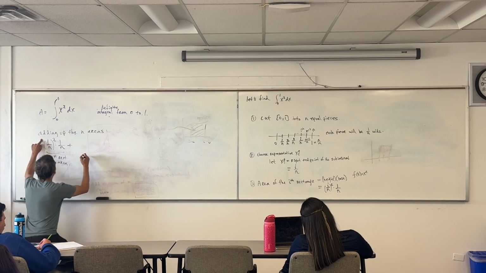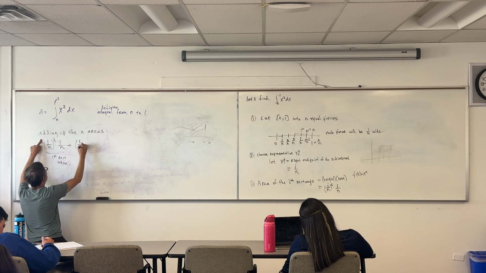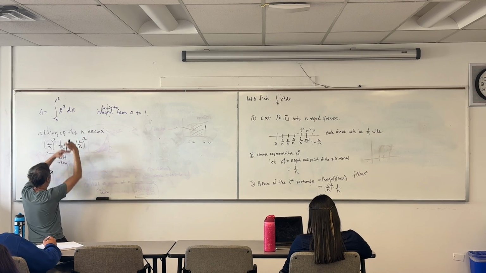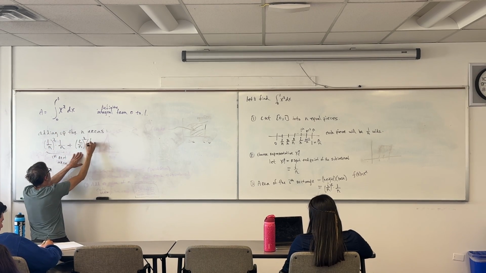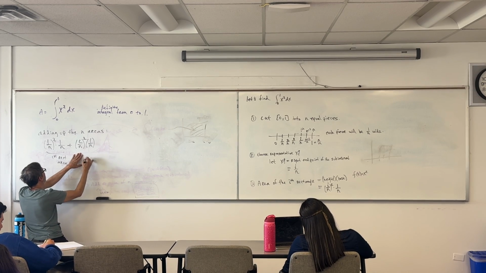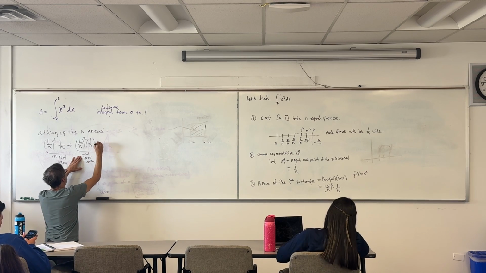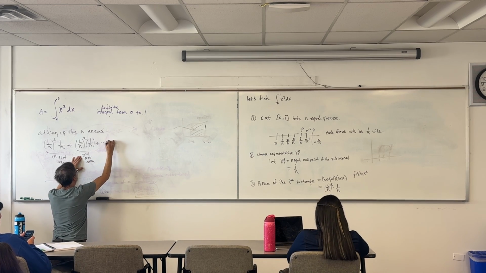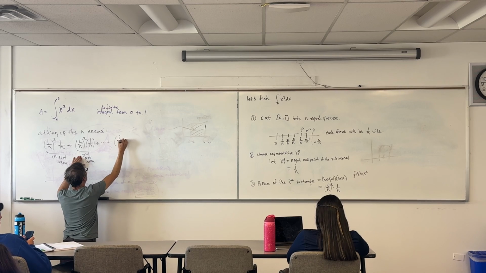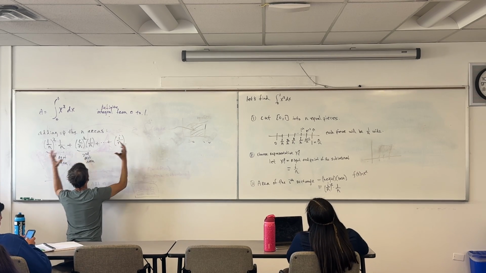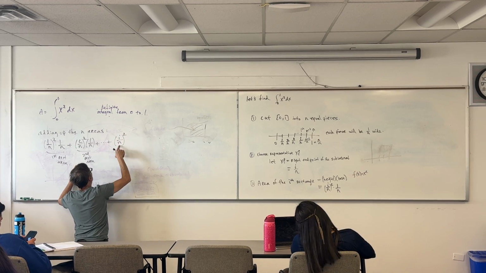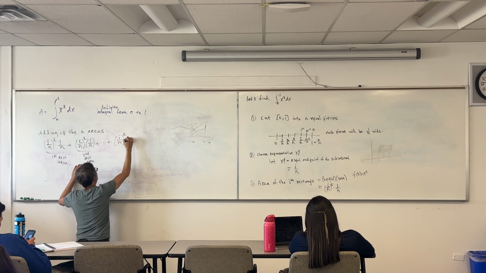Then the second one, we have 2 over n, and then we square it to take it up to the parabola, times the base. This is the second rectangle. And then I put plus, dot, dot, dot, plus, I'm going to put the ith one in here, because it's going to help write the sum compactly. i over n squared, that's the height.